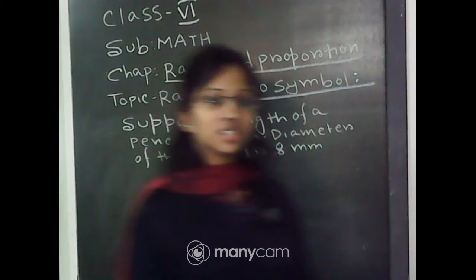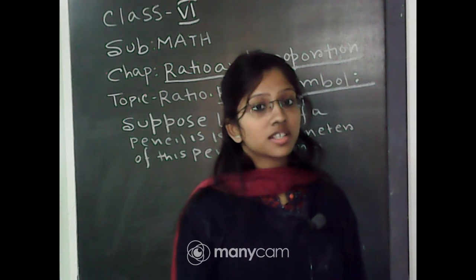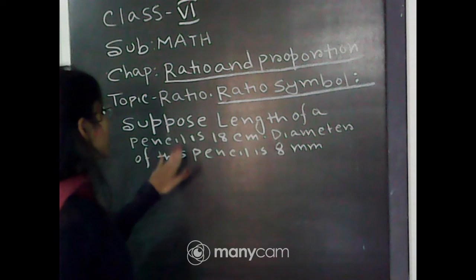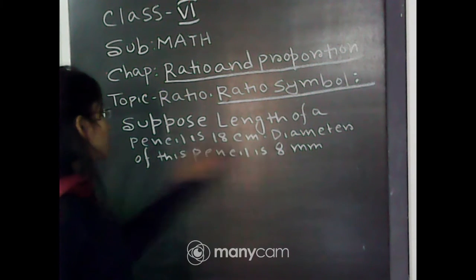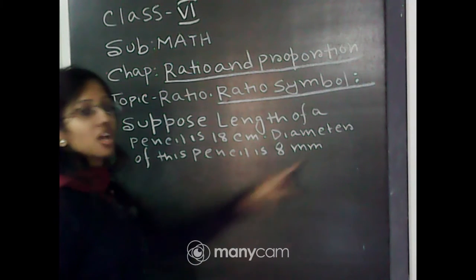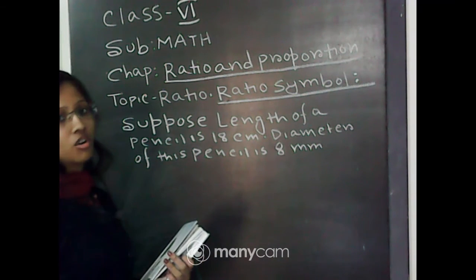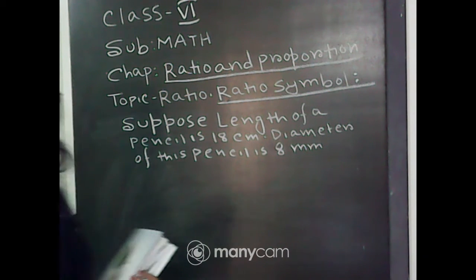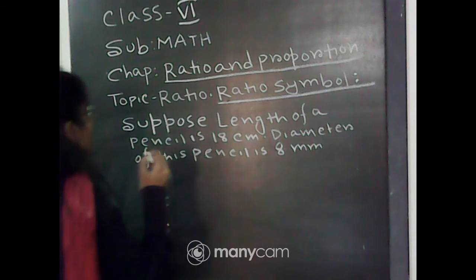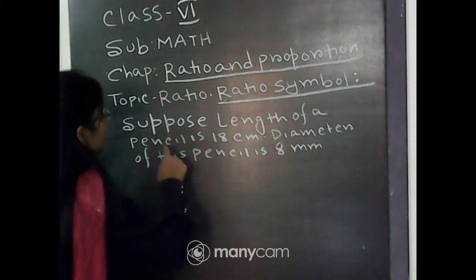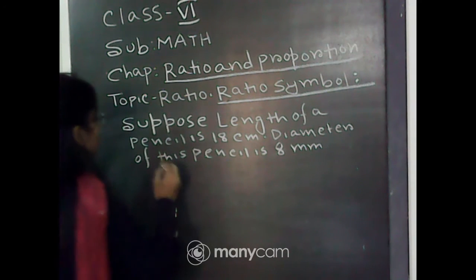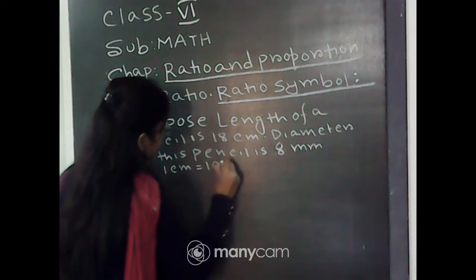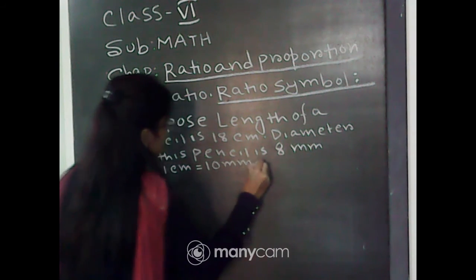Here we clearly see that the units are not same. The length of the pencil is 18 cm and the diameter of the pencil is 8 mm. Therefore, we express the length of the pencil in the unit mm. We all know that 1 cm is equal to 10 mm.